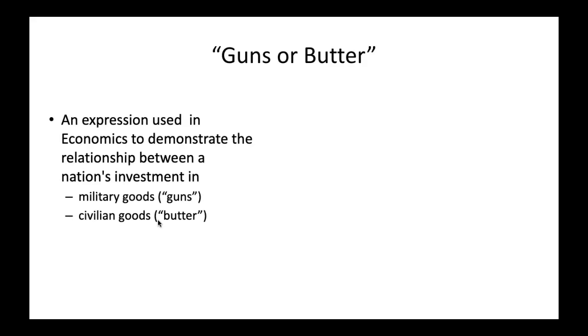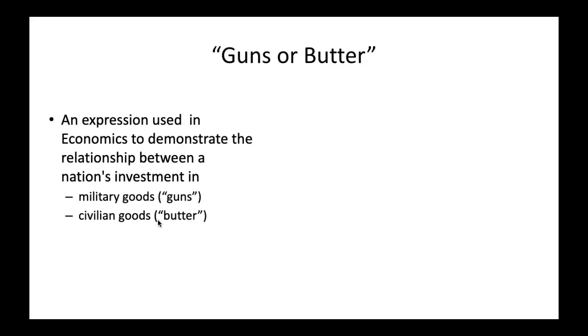So it doesn't literally mean guns, doesn't literally mean butter. Guns is an expression to represent all the money a country uses on security and force. So police, TSA, FBI, CIA, Marines, Navy, Air Force, etc.